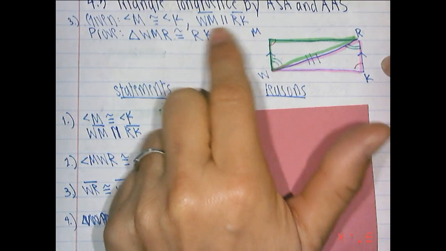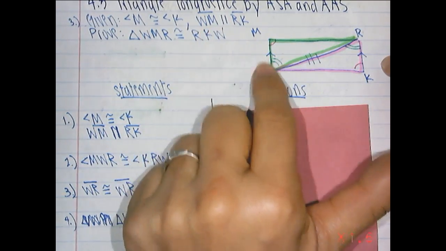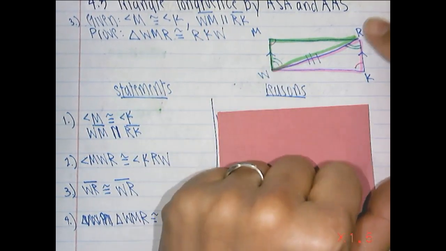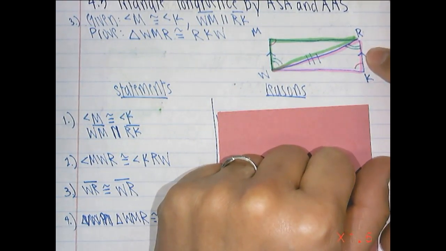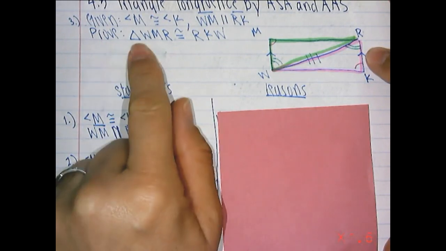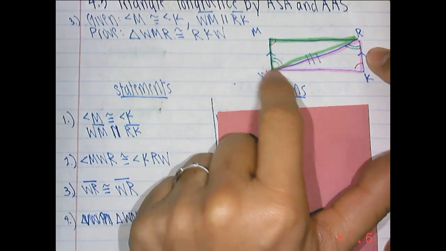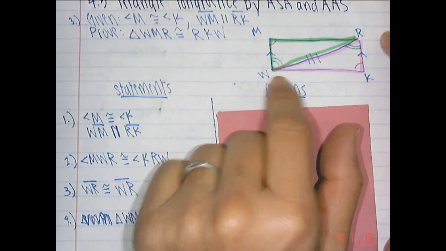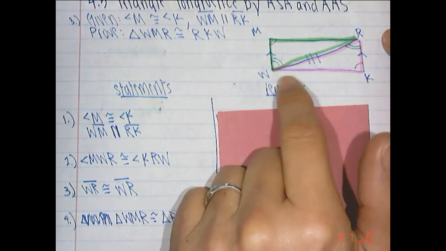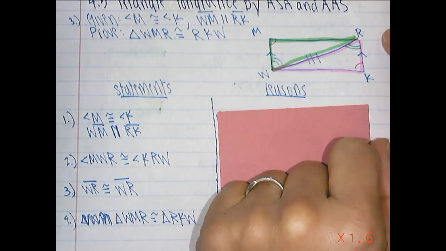And then we're going to tell you that WM, this line right here, is congruent to RK, this line right here. Okay, they want us to prove that triangle WMR, what I highlighted in green, is congruent to triangle RKW, what I highlighted in pink.